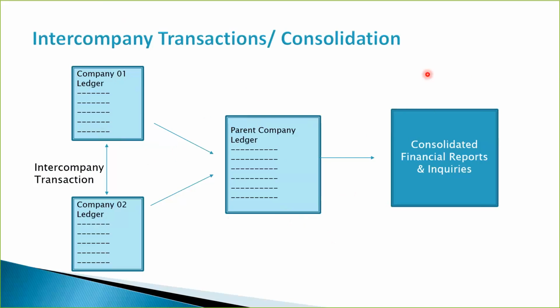The other thing that we talked about when doing consolidation is the need to do elimination of intercompany transactions in the consolidated ledger. Why do we do this? Because basically these are what we may call an in-house transaction.